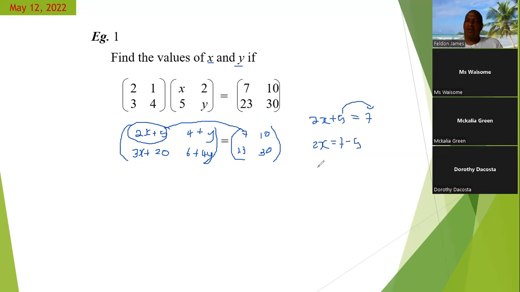Now we would have 2x equal to 2. To solve, we have to get rid of this 2 beside the x, so we divide both sides by 2. And so X would equal 1, sir. X equal to 1, which is correct.